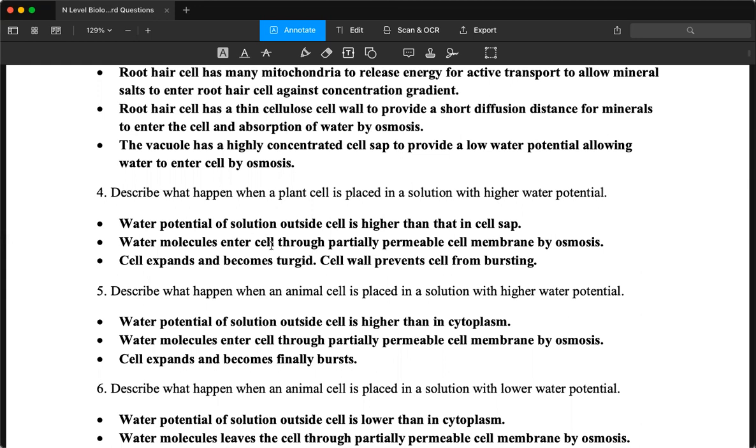And then the water molecules will enter the cell through the partially permeable membrane by osmosis. And then the cell expands and bursts.